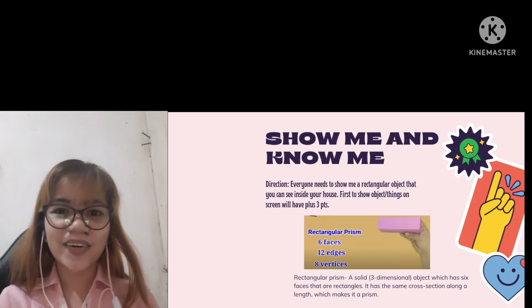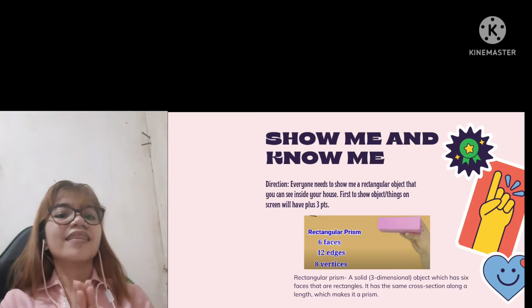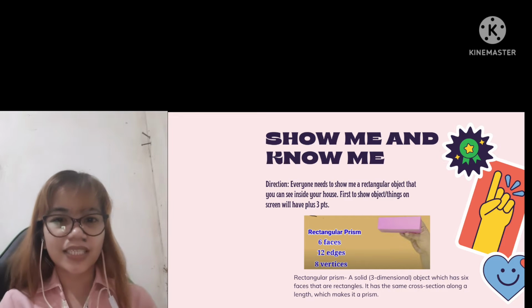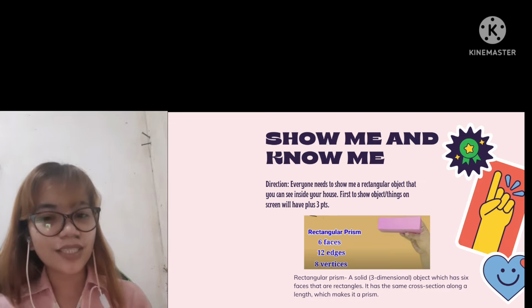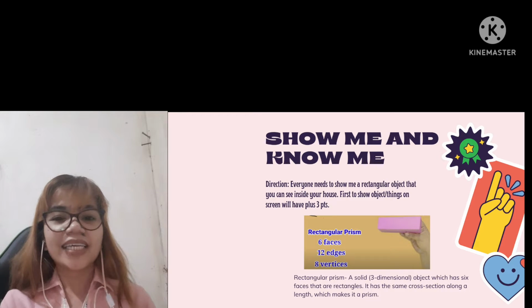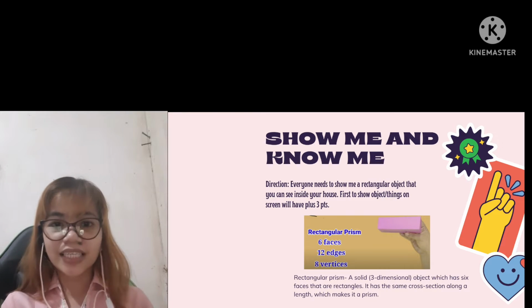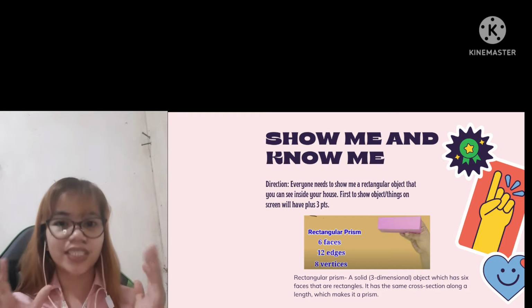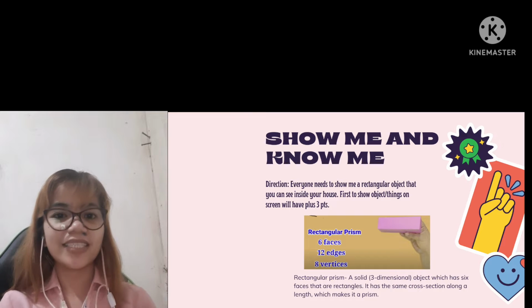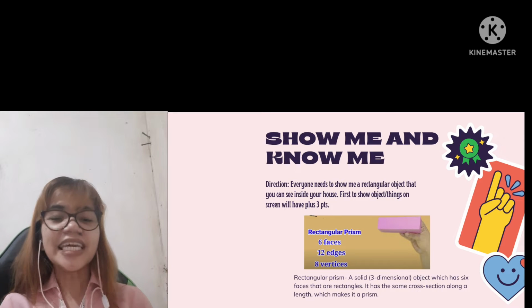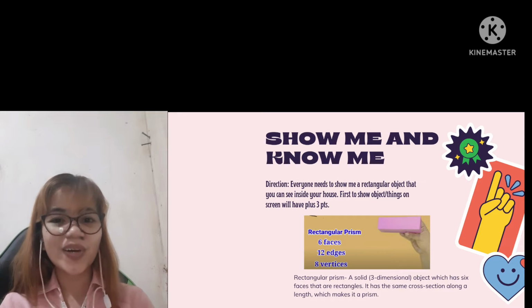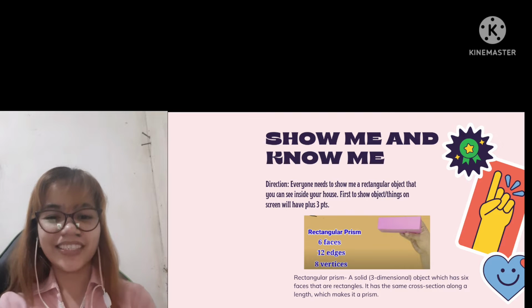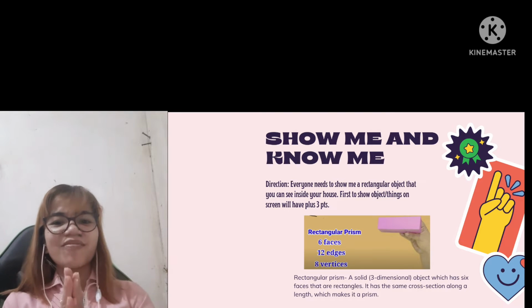I will give you 2 minutes or less than 2 minutes to do it. Again, find a rectangular object inside your house and show it on your screen. Okay, let's do it. Ready? 1, 2, 3, go.